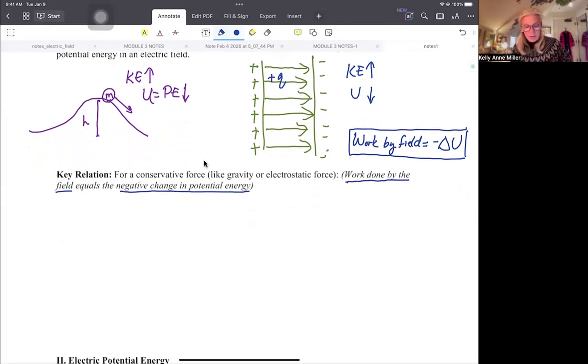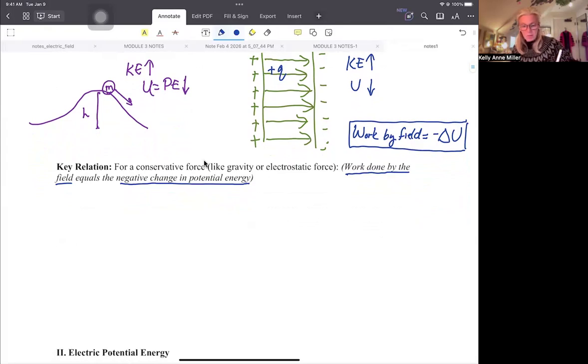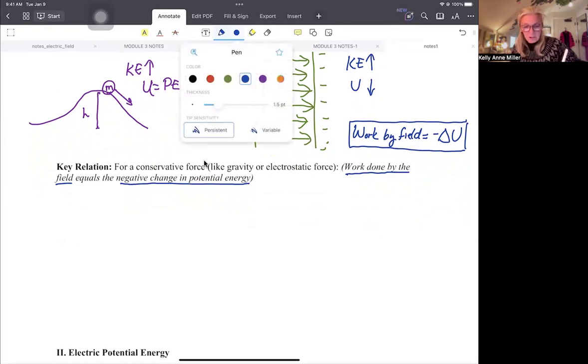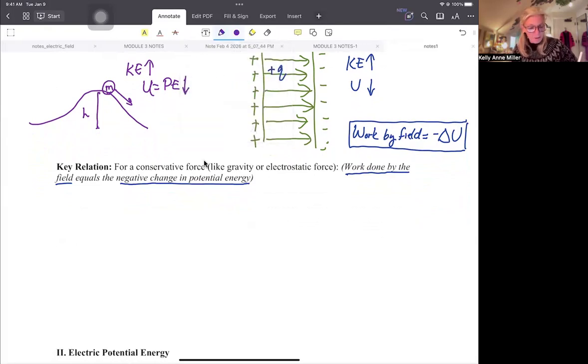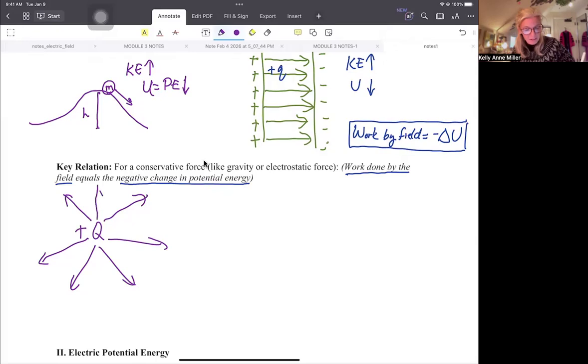Okay, so let's talk about equations that we know. Let me paint a little picture for you. Let's say I have a fixed charge, positive Q, and I know that that fixed charge produces an electric field that radiates out everywhere in space from the positive charge, pointing away from it.